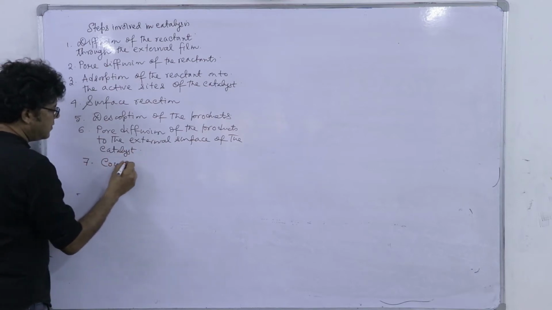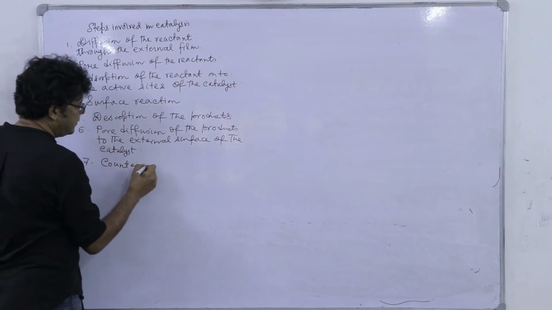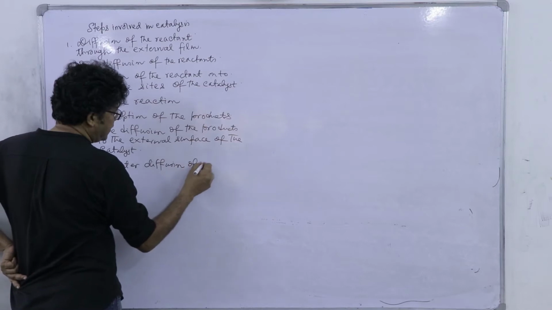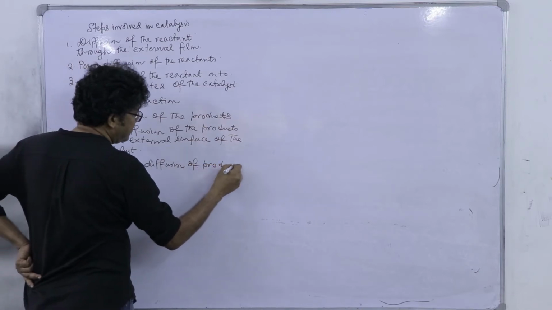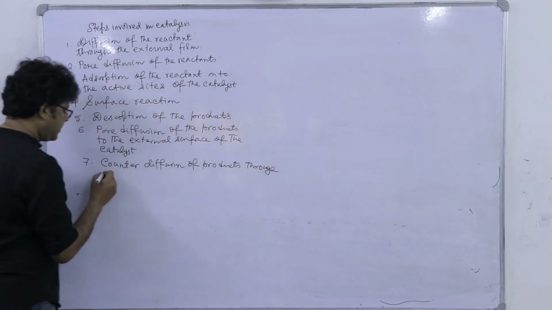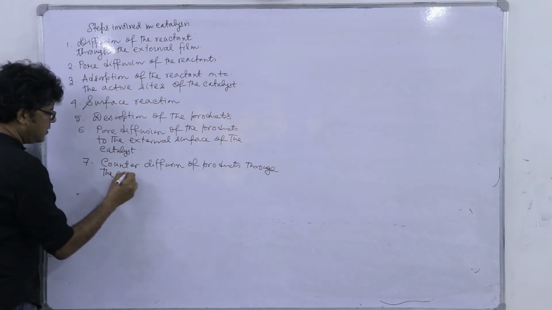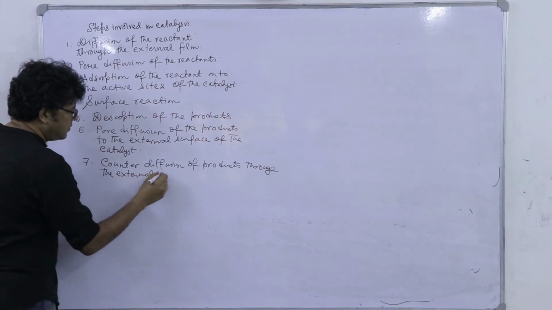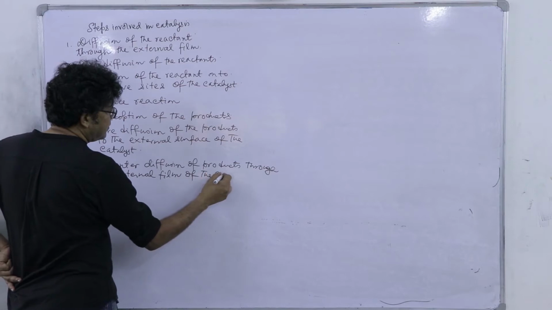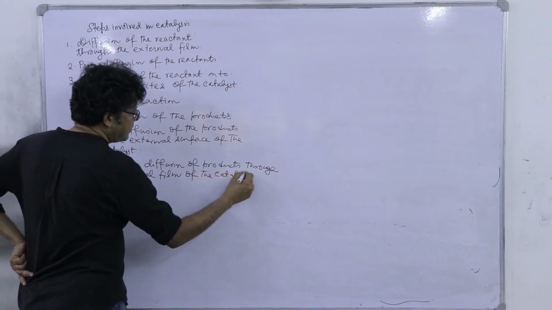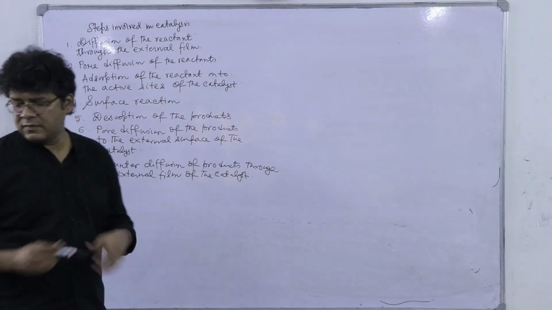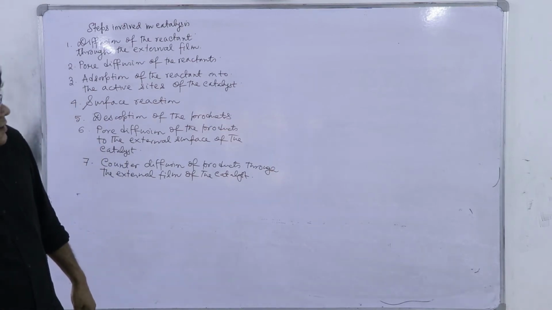Seven, counter diffusion of products through the external film of the catalyst. So, you see that these are the 7 steps involved in a catalytic reaction.